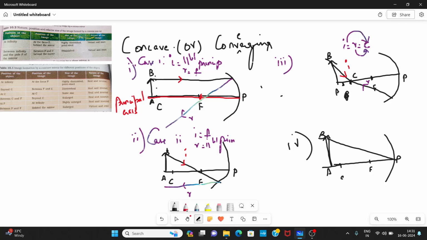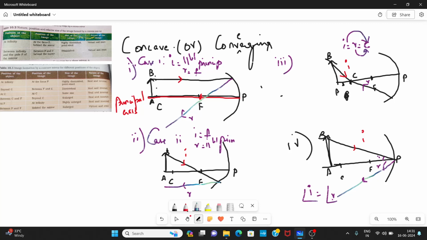So this is my incident light. So how will my reflected ray be? It makes the same angle with your principal axis. So angle I is equal to angle R.